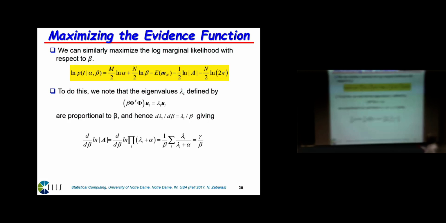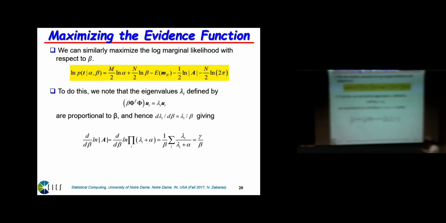It's not necessary to go through all the algebra. If you take derivatives with respect to beta, it's basically very easy, the same type of ideas. There is only one trick you need. Remember that lambda i were the solutions of this eigenvalue problem, and because we are going to take derivatives with respect to beta, notice from this equation that lambda i changes proportionally to beta.